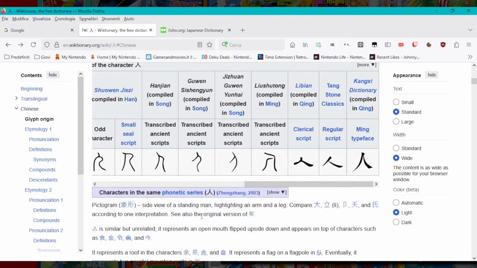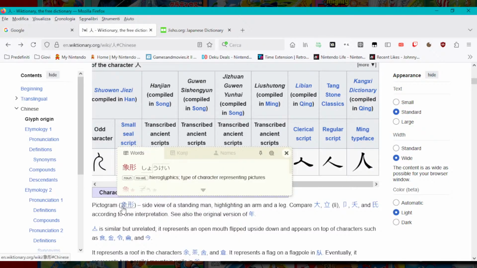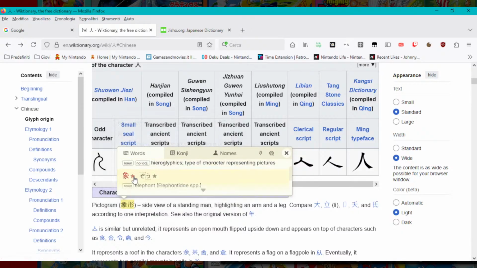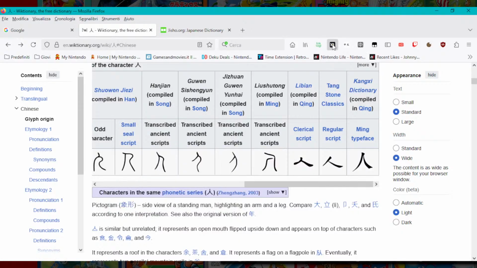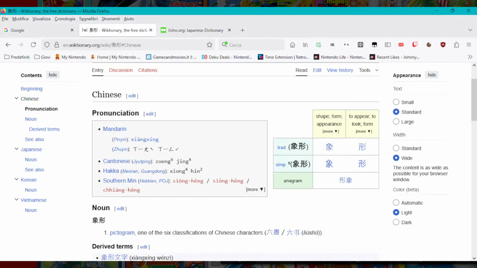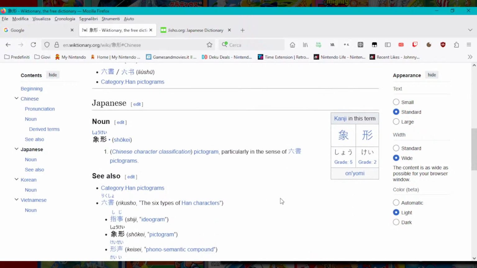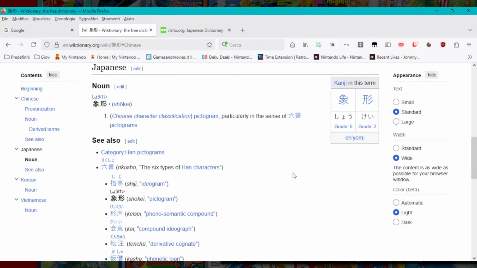And yes, this is a pictogram in Japanese. Wait, let's try it. Let's open it. Pictogram.